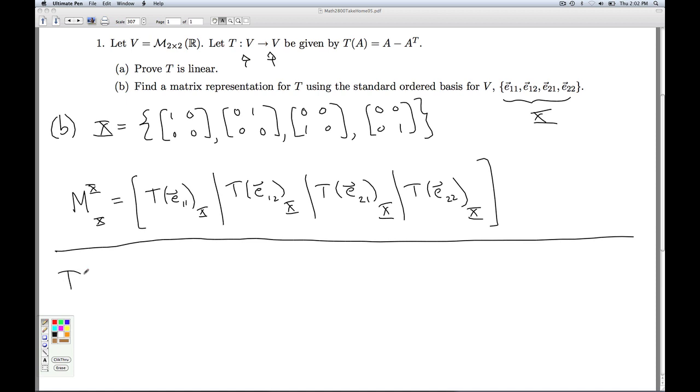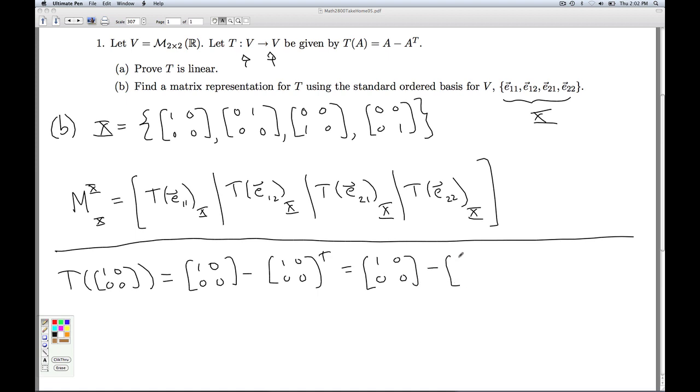So T of E11 is T of the matrix 1, 0, 0, 0. By definition, I take that matrix minus its transpose. Now, this is a symmetric matrix, so its transpose is just itself. So when you do that subtraction, you just get the zero matrix. So what is this in X coordinates?